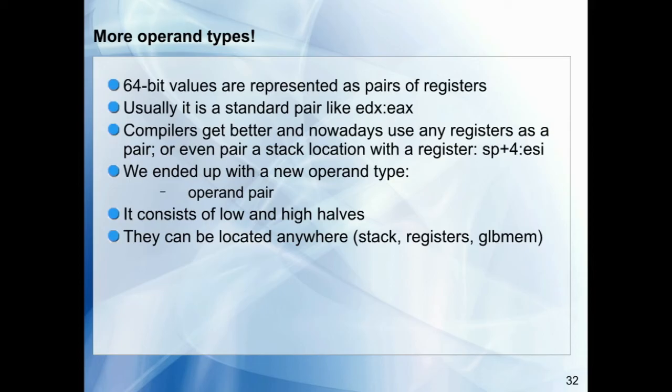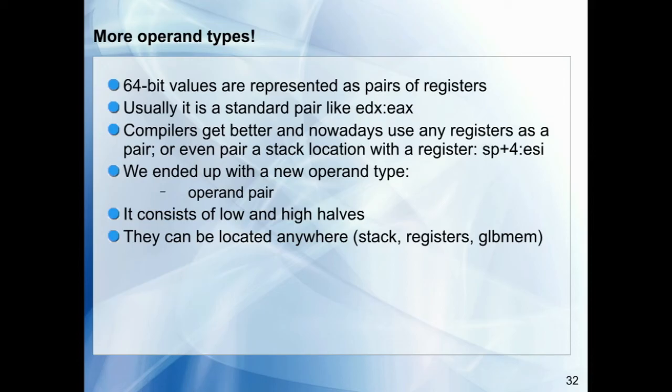But compilers get better over time, and modern compilers can use any registers as a pair, not only a fixed pair like EDX and EAX. It can even be a stack location plus a register. So a value is stored in two different places. The high part is stored in the location pointed by SP+4, and the low part is stored in a register. And the compiler can handle it nicely.